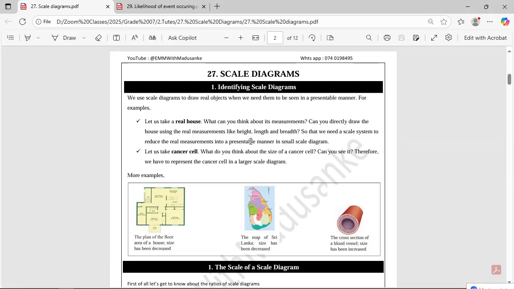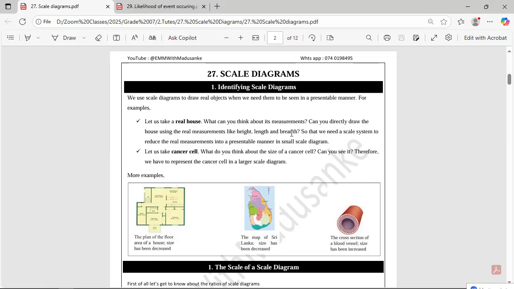Then what can you think about its measurement? Actual sizes are very big, right? Can you directly draw the house using the real measurements like height, length, and width? No, you do not have enough space to draw the real length.